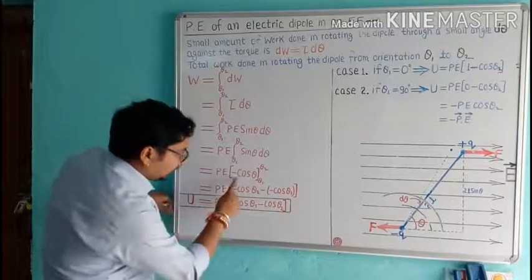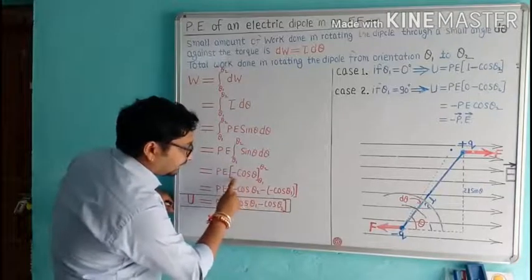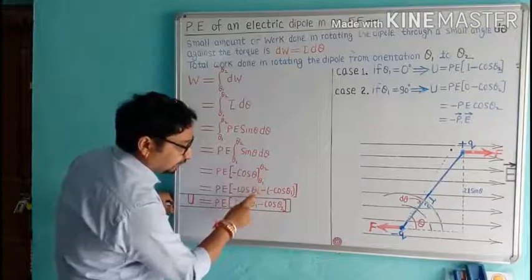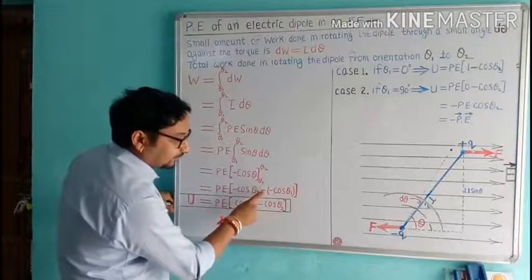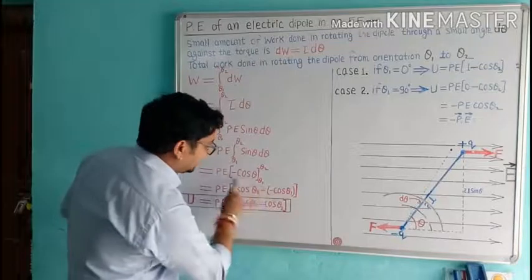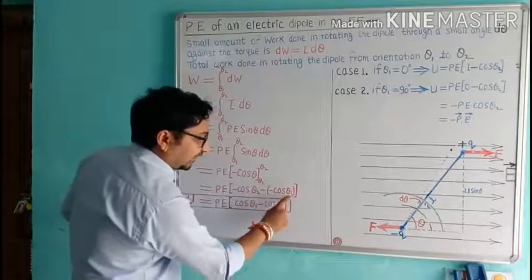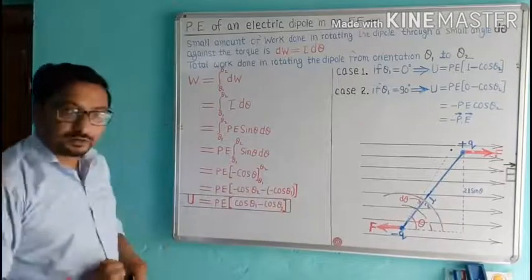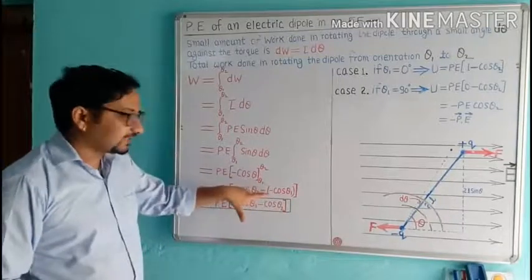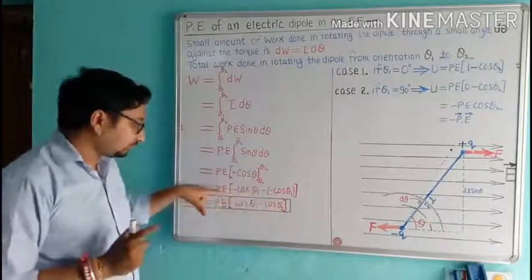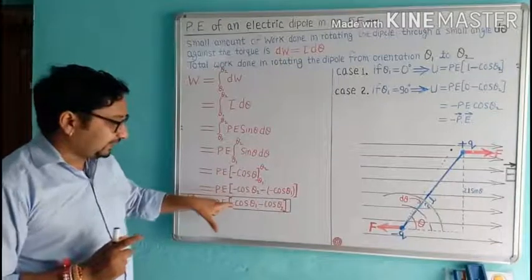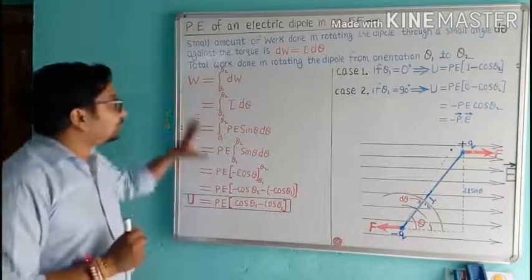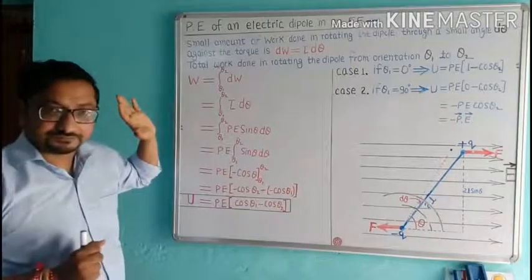We write minus cos theta with theta replaced by theta 2, then minus, and again minus cos theta with theta replaced by theta 1. Now minus minus becomes plus, so we get P E (cos theta 1 minus cos theta 2). So this is the work done.